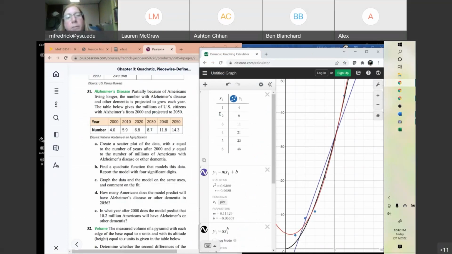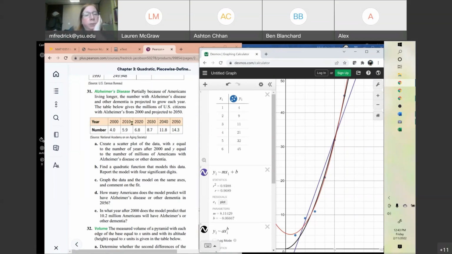The table below gives the millions of U.S. citizens with Alzheimer's from 2000 and projected to 2050. Create a scatter plot with the data with X equal to the number of years after 2000 and Y equal to the number of millions Americans with Alzheimer's disease or other dementia.